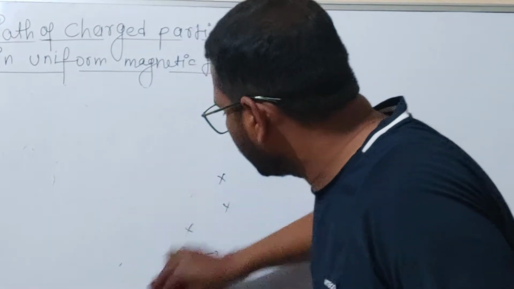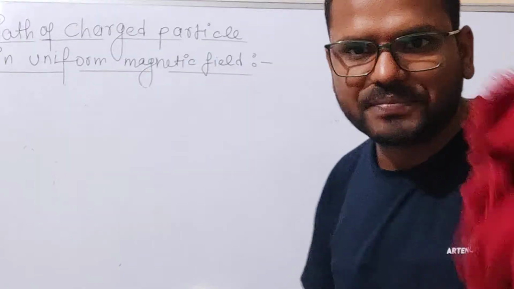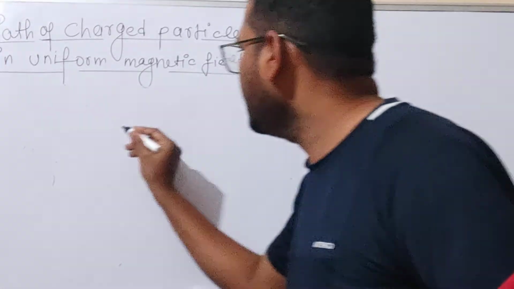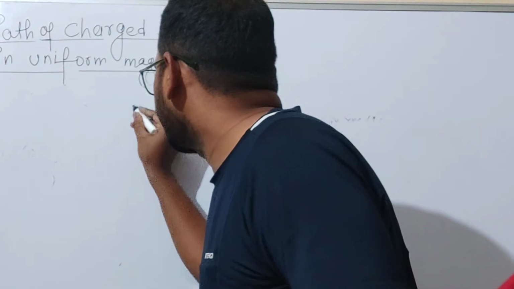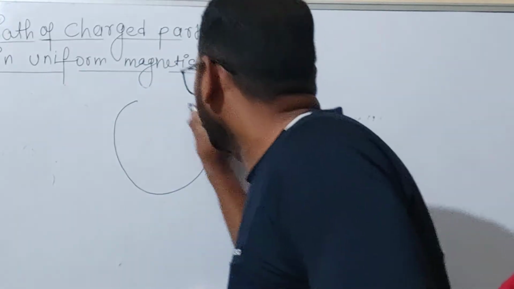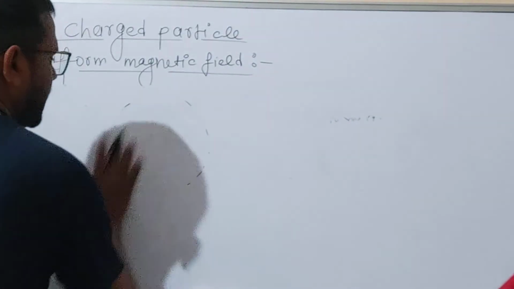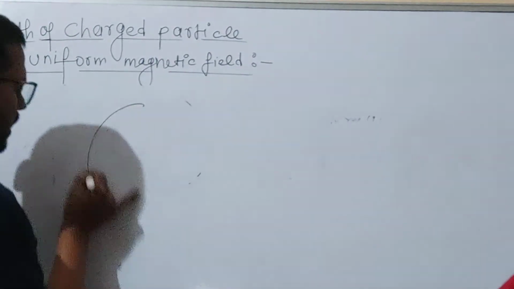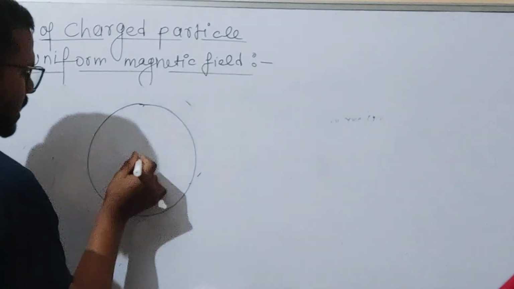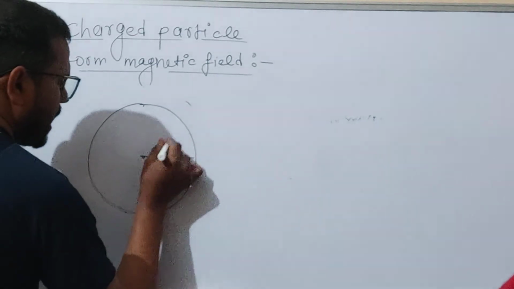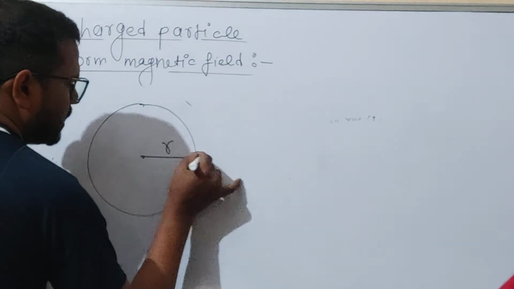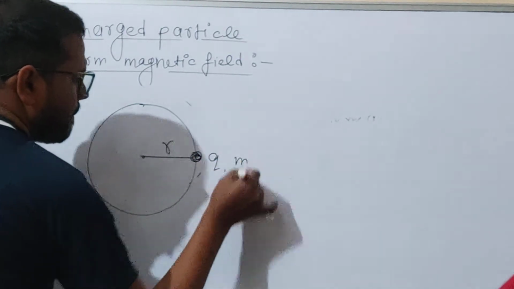Again I take the path of the charged particle moving in a uniform magnetic field. It will acquire a circular arc. This is the radius r, and the mass of the charged particle is m.